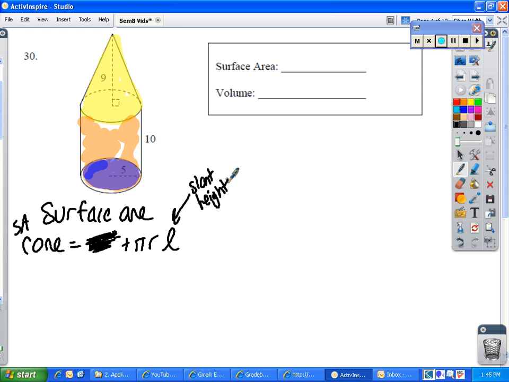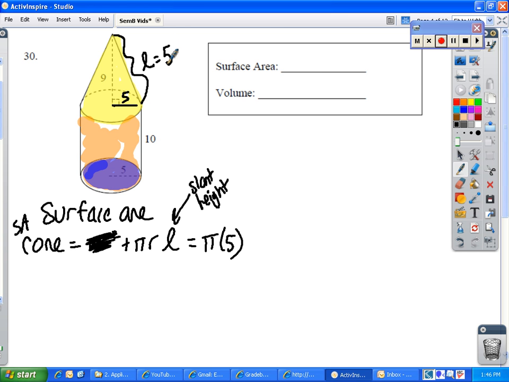Okay, so if we're doing this, we've got pi, that's still the same. R, well, the radius of the cone will be the same as the radius of the cylinder because it's sitting on top of it. So that's 5. And the slant height is the distance down the outside of the cone. So this is L. And that's actually the hypotenuse of this right triangle that the height of the cone and the radius of the cone make.